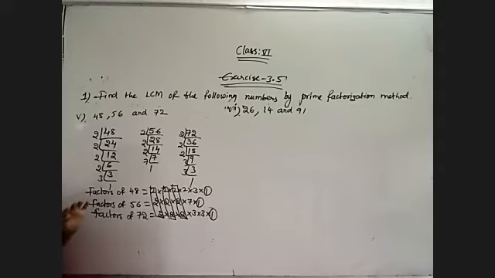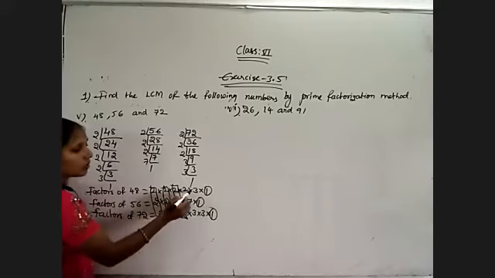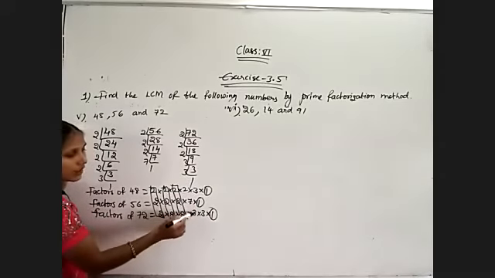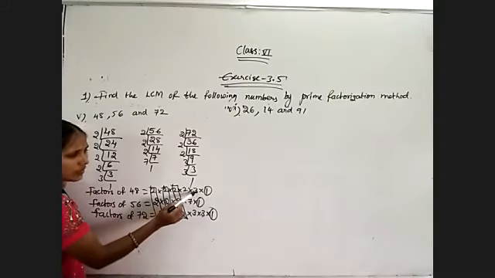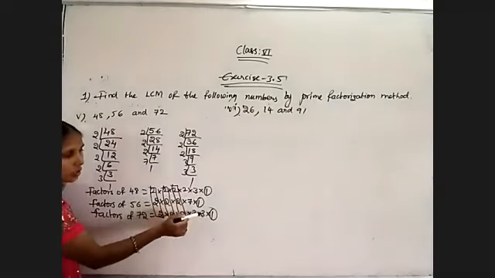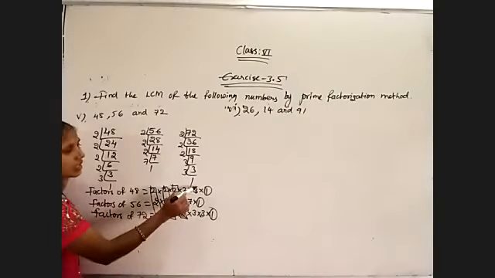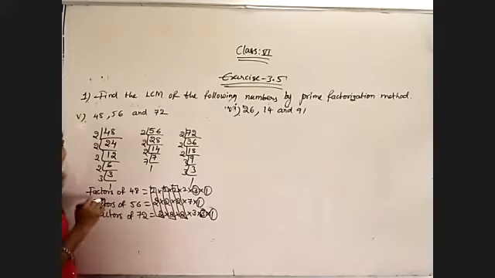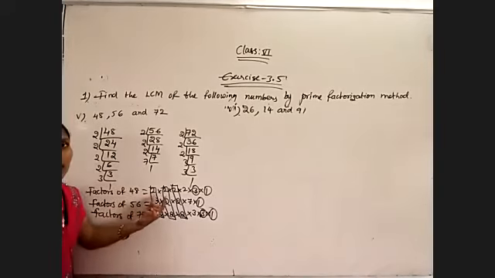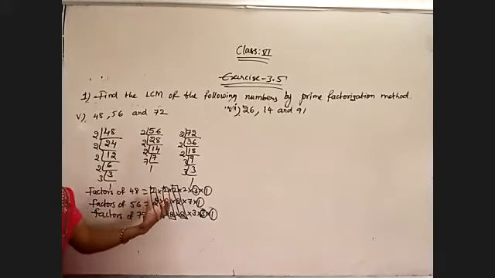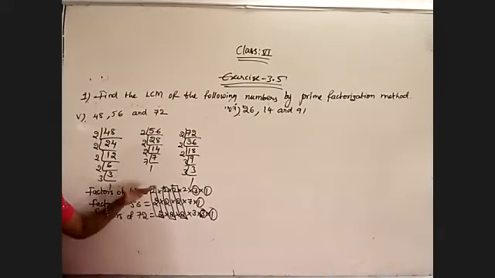Now 2 and 3, here 7 I have, and 3 and 3. Just observe, 3 we are getting 2 times, that means it is also a common factor. I hope you understood now. Once again I am telling, don't confuse. Whenever we are doing LCM, first of all identify the common factors that are present in all the given numbers.